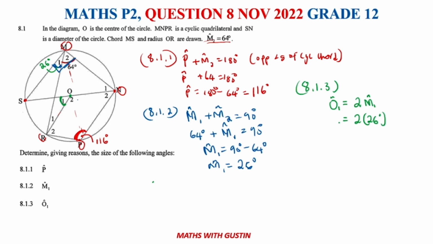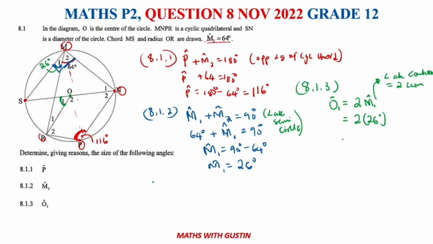Oh guys, I'm sorry, I didn't state the reason on the previous question. It should be angle at semicircle. I forgot to state the reasons. Can you see how easy it is to lose marks? Everything is correct, but I forgot. So on this one, the reason will be angle at center is equal to twice angle at the circumference.